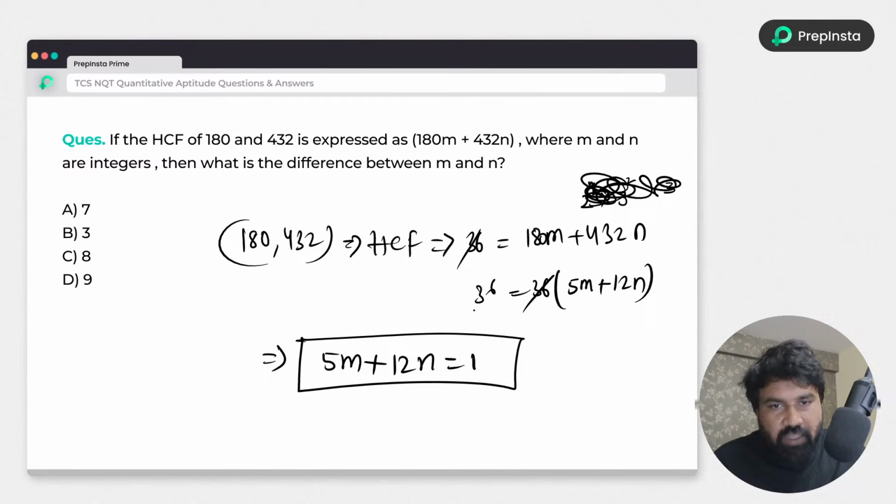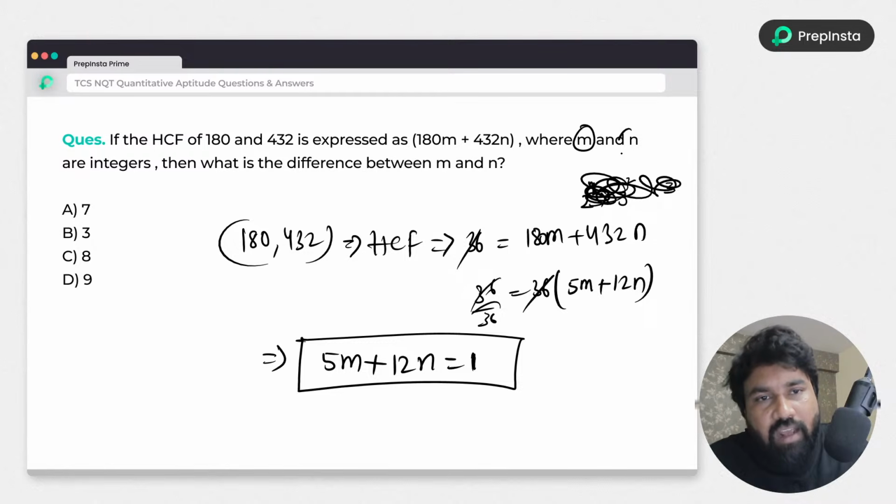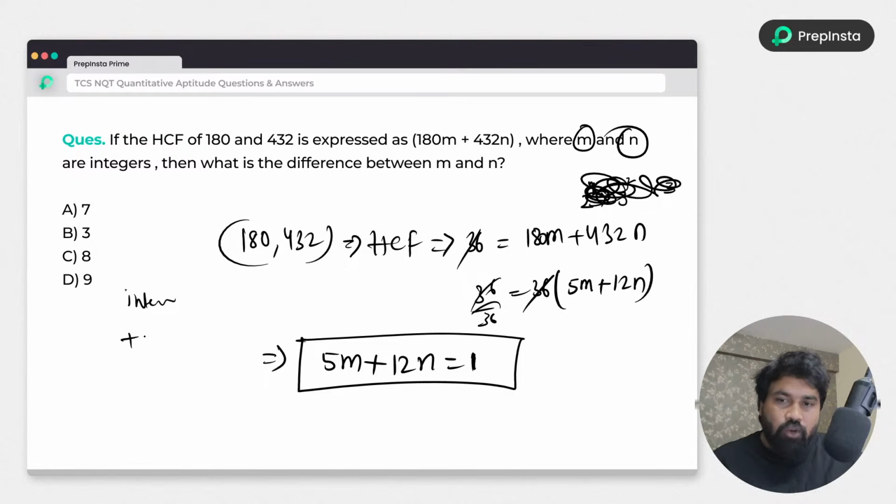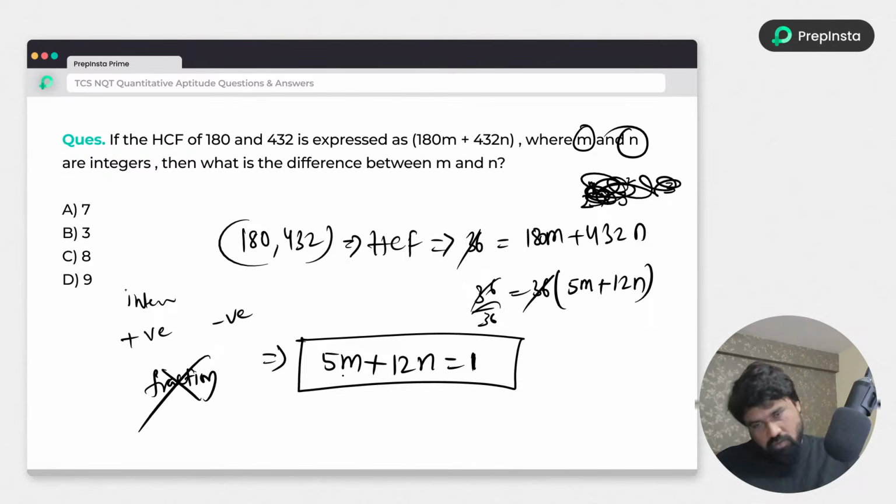Why? 36 by 36 will cancel one time, right? 1. Guys, look here. They said m and n are integers. Integers means you can take a positive number or a negative number, but you can't take a fraction. So how can I say the difference is 1?